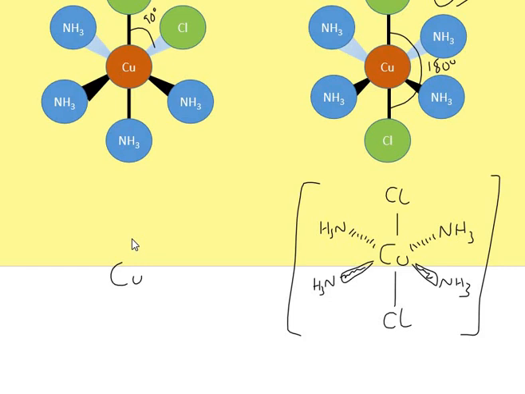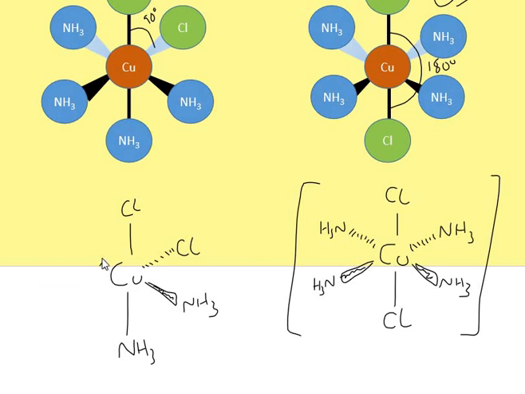Right, so here we go. Starting again with that central copper ion, we're going to have our bond in the plane. So here's going to be chlorine or chloride. Down here we're going to have the ammonia, making sure that it's the species with the lone pair that's bonded to the metal. Out of the plane, we're going to have our ammonia here, and going into the plane, we'll have a chlorine or chloride.